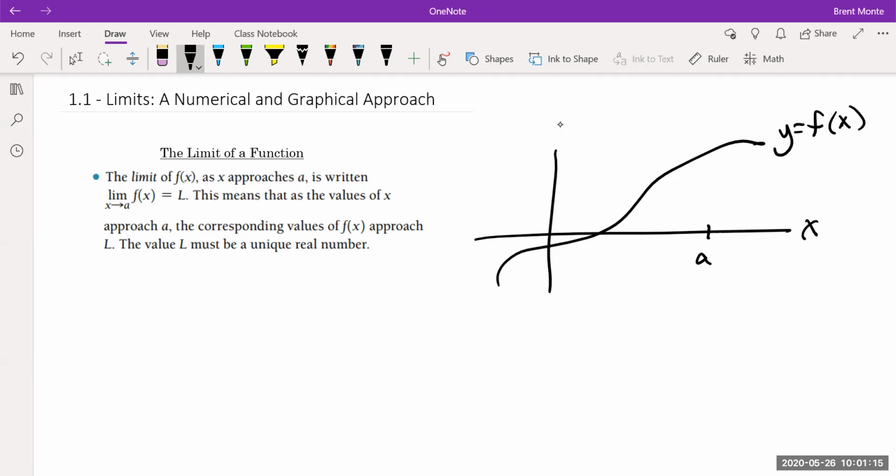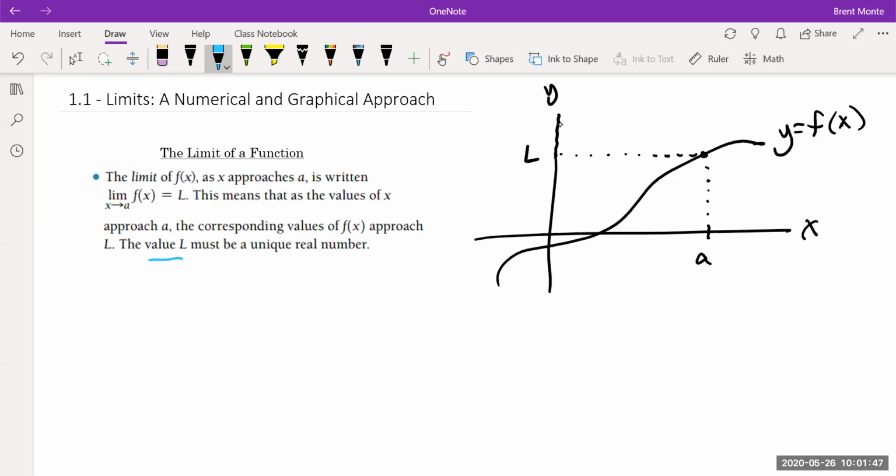If I go straight up from a, I'm going to hit the graph about right here. If I extend my y-axis up a little bit, now I go straight across from my y-axis. This is what they're talking about, the value of L. So the limit of f of x, meaning what is f of x approaching? Well, it's this limiting value L.